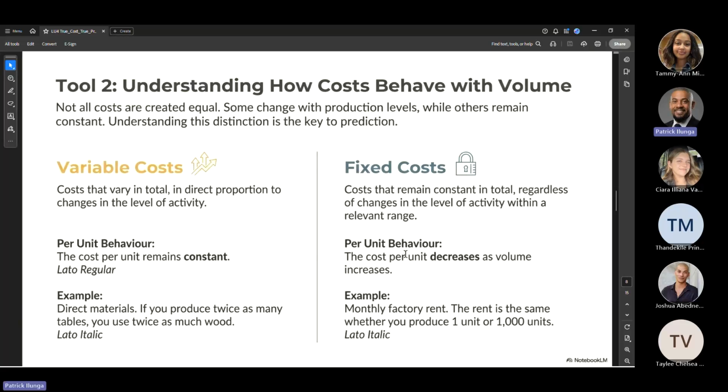But if I'm producing, let's say, 1,000 units, I'll take 10,000 rand divided by the 1,000 units, which gives me what? 10 rand per unit. So you can see that the cost per unit decreases as the volume increases. The more I'm producing, the smaller the fixed cost is.